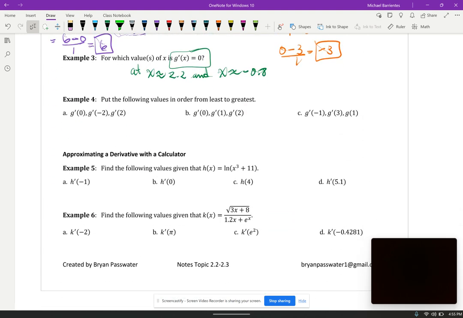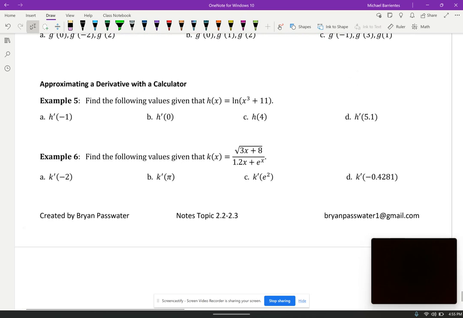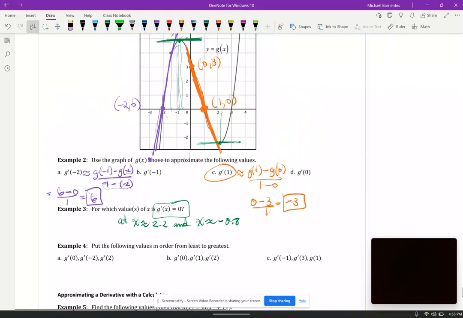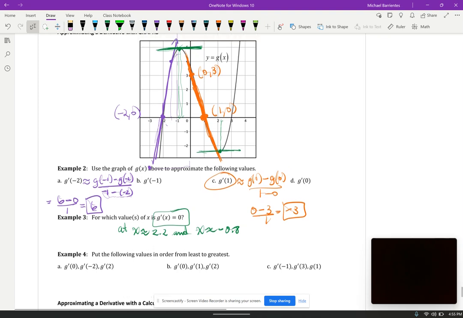And now we get to, oh, look at this. Example 4, still using the same graph. Can you put the following in order from least to greatest? Maybe, but I don't know the slopes. And I don't have to know the slopes because, let's see, g prime of 0, that would be the slope right here.